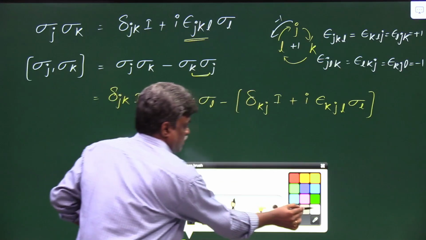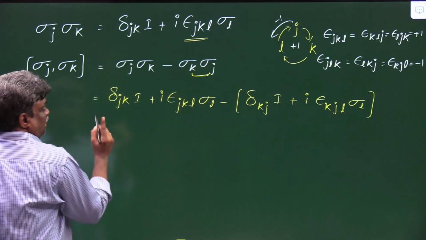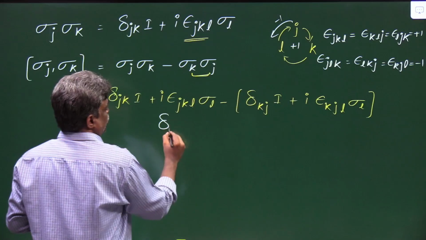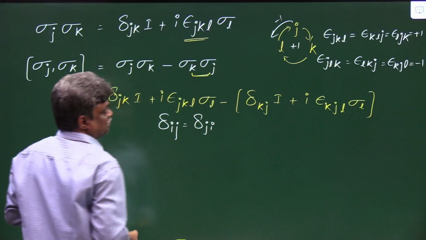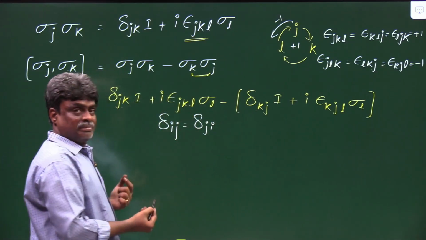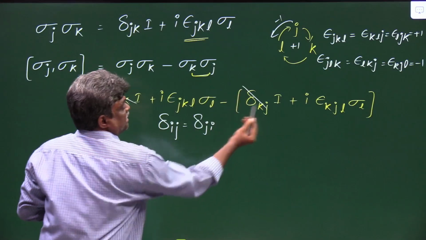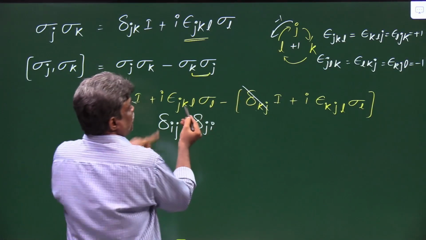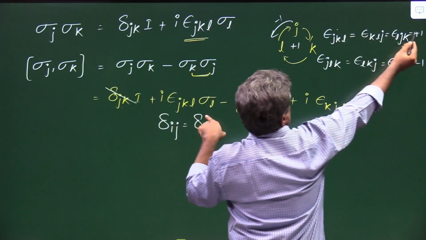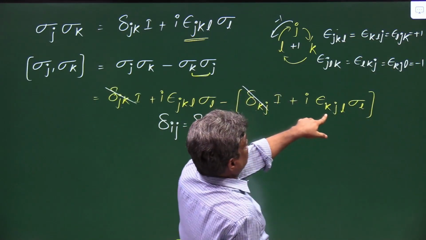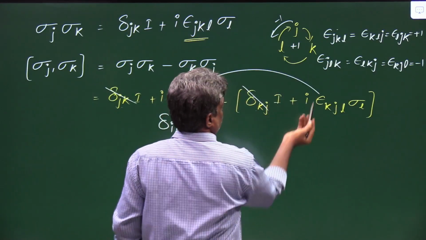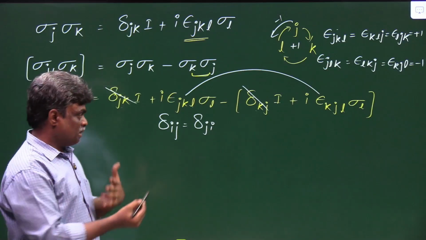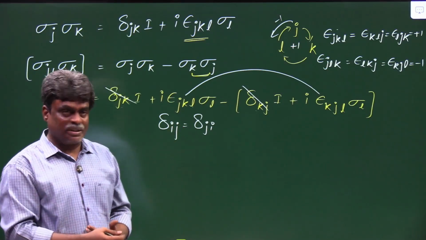So now if you see carefully, and one most important thing, this Kronecker delta ij equal to delta ji. So these two are same. That's why these two get cancelled. And already we have discussed here, jkl is a plus 1 and kjl is a minus 1. So these two are negative signs. I mean both are, one is a positive, another is a negative.